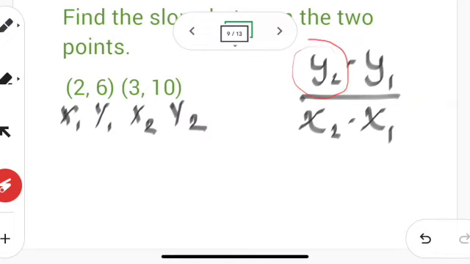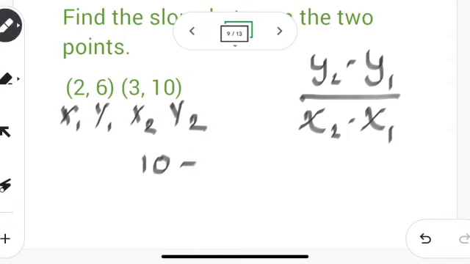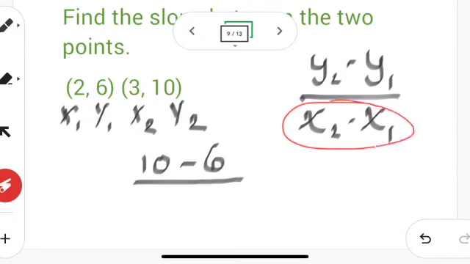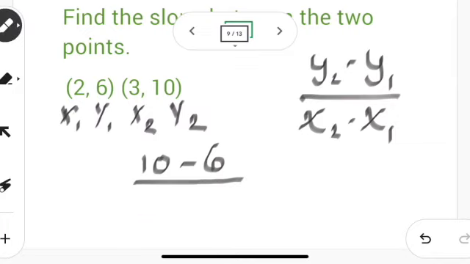So y2 is 10, so we write 10 minus y1, which is 6, all over x2 minus x1. Notice that both of these are always subtraction. So x2 is 3, minus x1 is 2. So what would our slope be? 4 over 1, or 4.